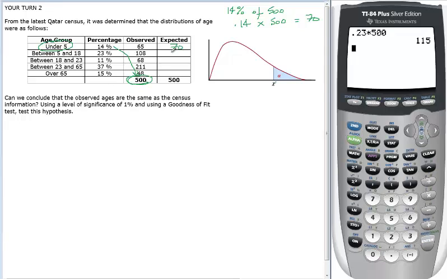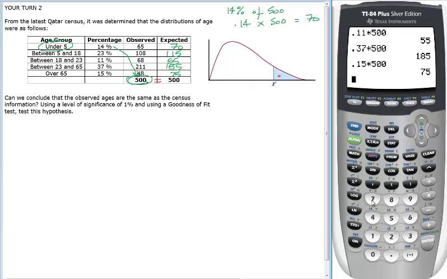And that gives us 115, which goes here. 0.11 times 500 is 55. 0.37 times 500, and we get 185, and 15% times 500, and that's 75.